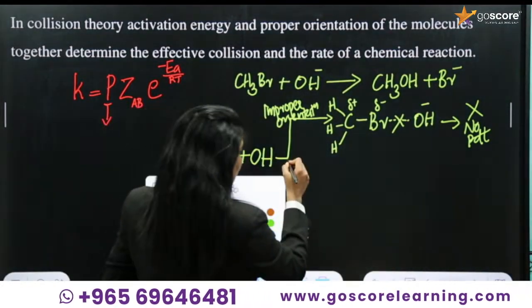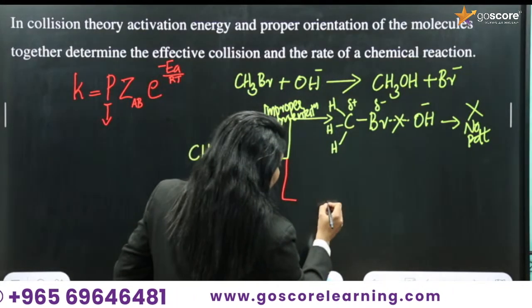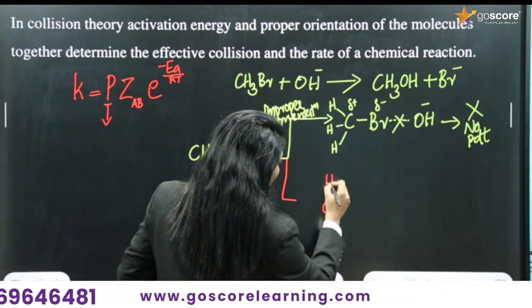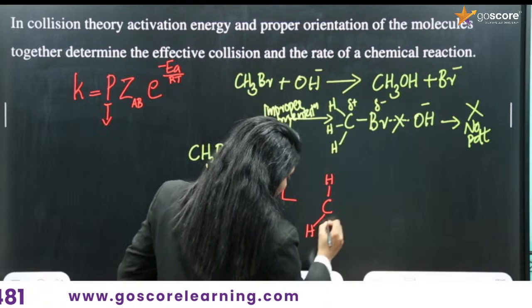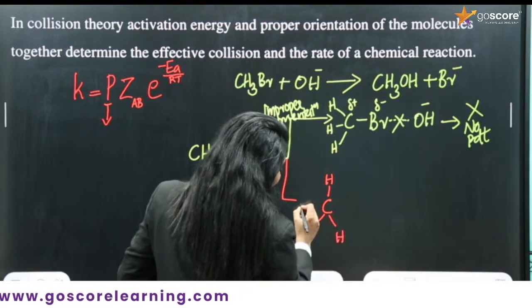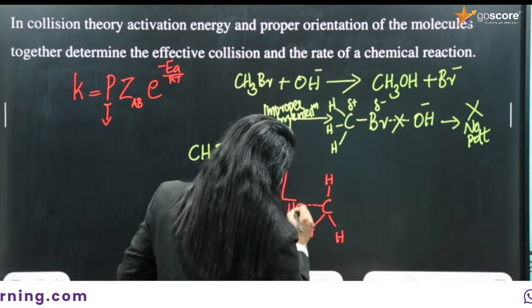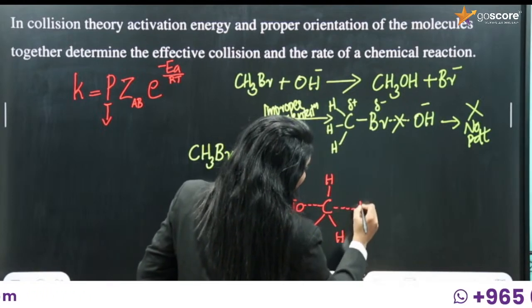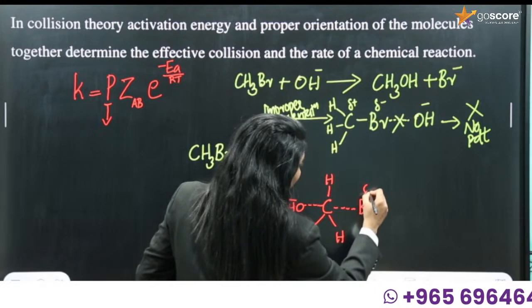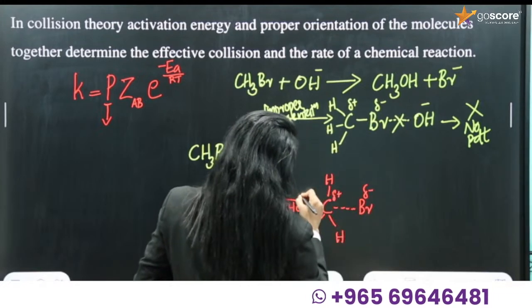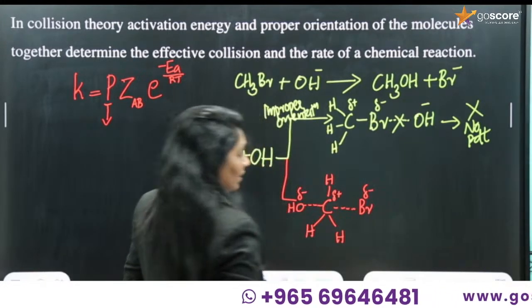If the OH is coming like this, this is the carbon with the 3 hydrogen atoms, and if the OH is coming in this way, the slight negative and positive, so OH can attach here.